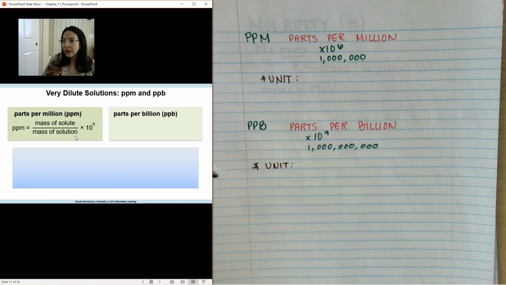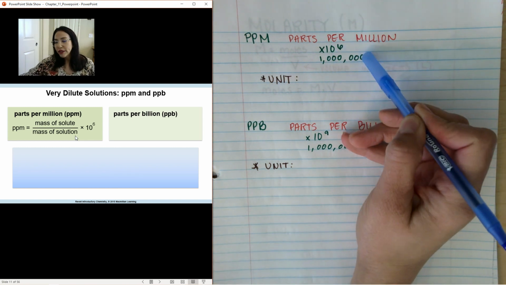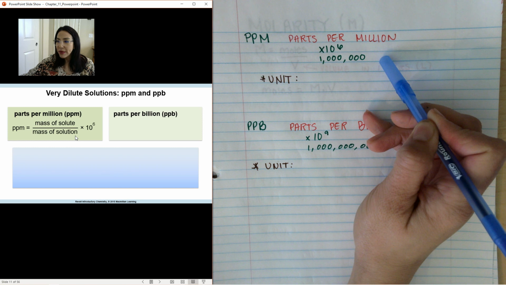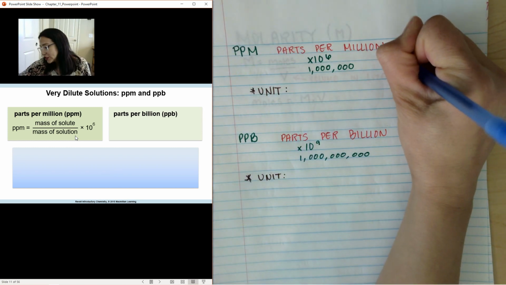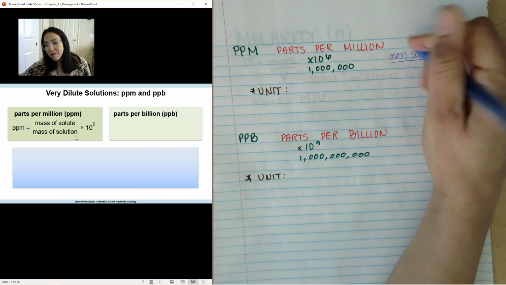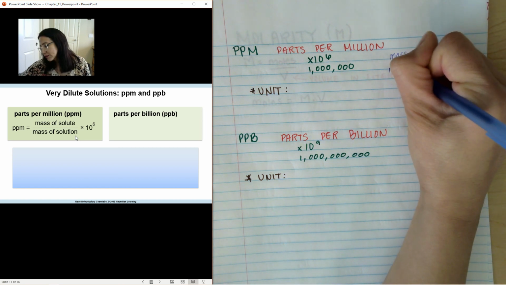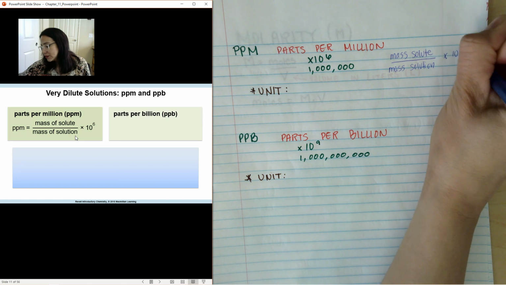So parts per million is described as times 10 to the x, or 1 million. So we're multiplying something by 1 million. And it's basically the same as everything else. It's just your mass of solute divided by the mass of solution times 10 to the 6.